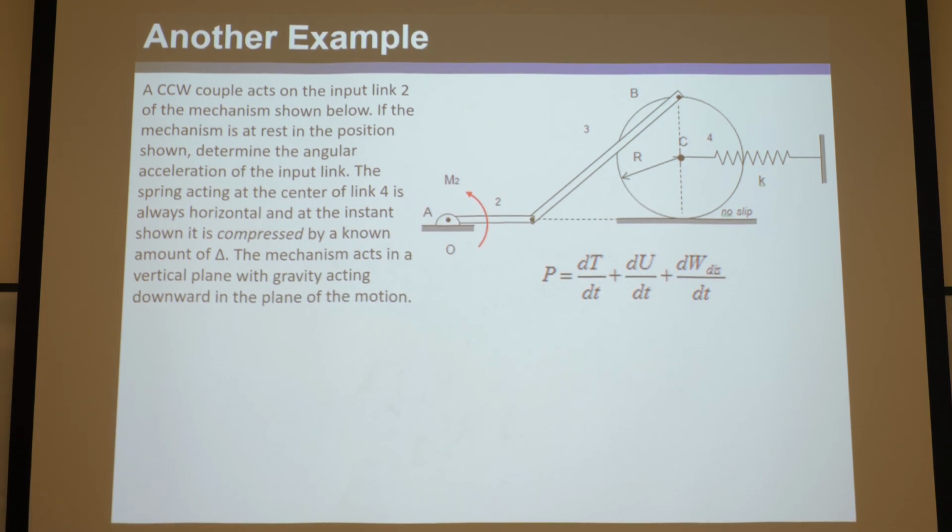Well, no. You might say yes because it's at rest, and so omega 2 is by definition 0, and therefore omega 3 is 0, and omega 4 is 0, and everything's at rest, and if kinetic energy is the energy of motion, then it's 0. Well, you'd be wrong. Kinetic energy takes acceleration into account as well.